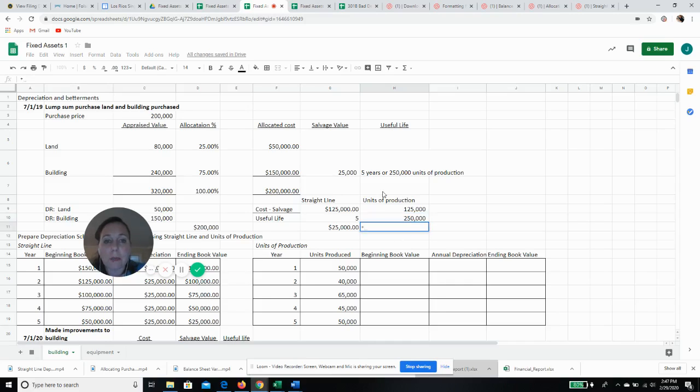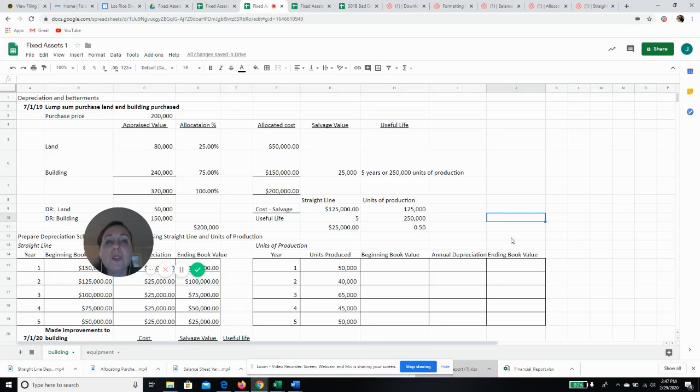So then I'm going to take my cost minus salvage value and divide it by my useful life, which is 250,000 units. And our depreciation is going to be 50 cents a unit. So every unit we make will get 50 cents of depreciation expense.